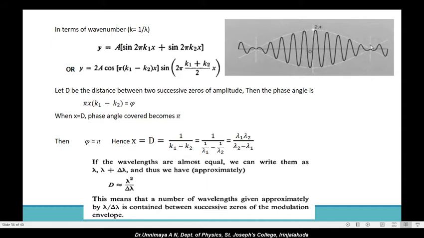These are the two successive points corresponding to zero amplitude, where the phase angle can be represented as pi x into (k1 minus k2), taken as phi.